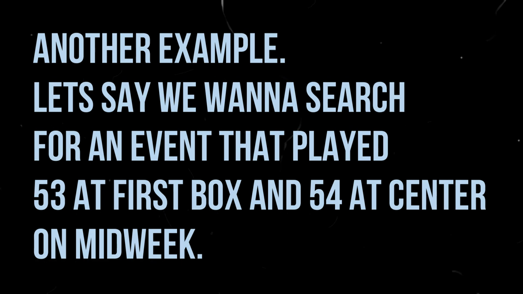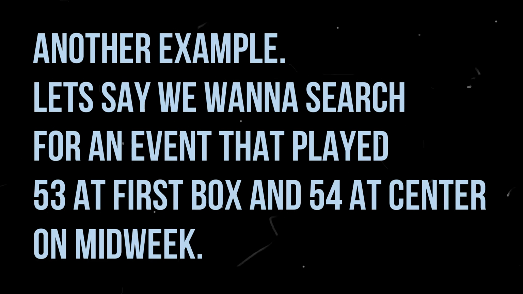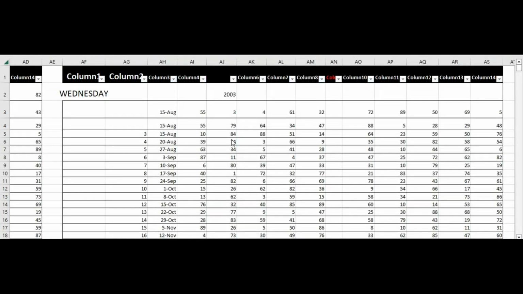Another example, let's say we want to search for an event that played 53 at first box and 54 at center box on midweek. So you go to the first box column, next you click the drop down arrow, uncheck select all and select 53 and click OK.